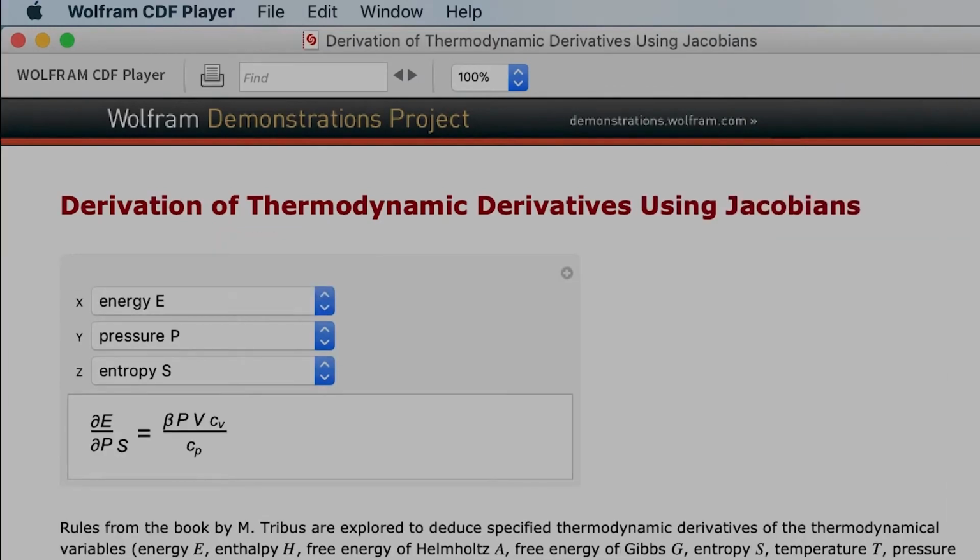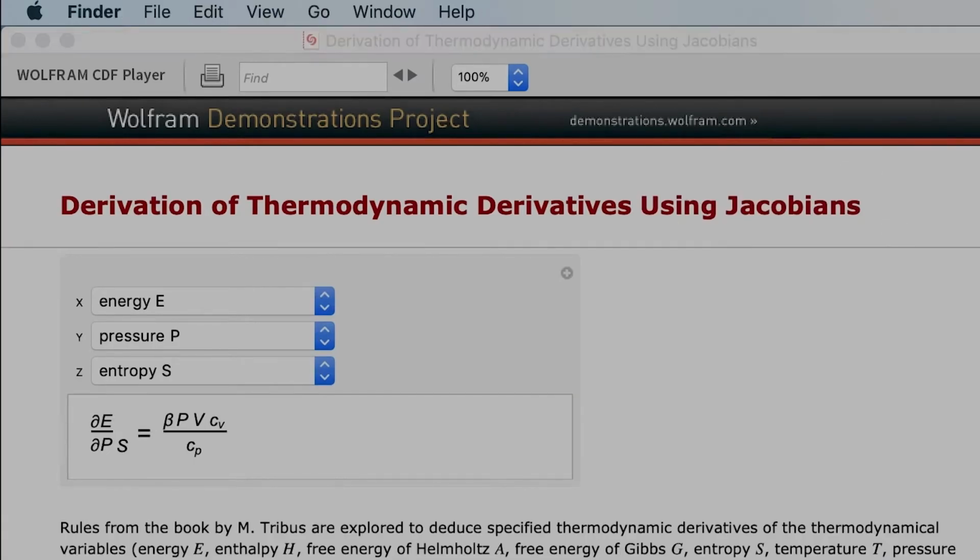I am going to show you also using Mathematica that we can convert that. Okay. So, you see I am opening something equivalent to Mathematica called computable document format, which is freely available. You do not have to have a license or anything. So, there you can also test it.